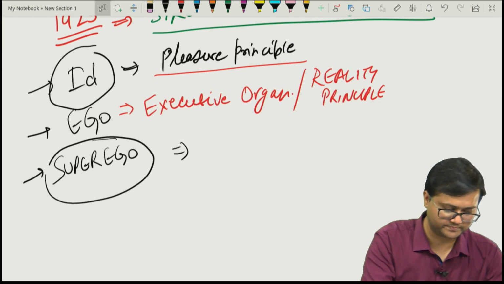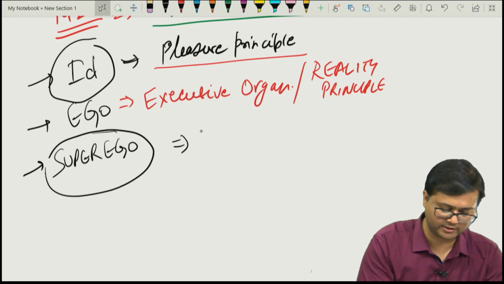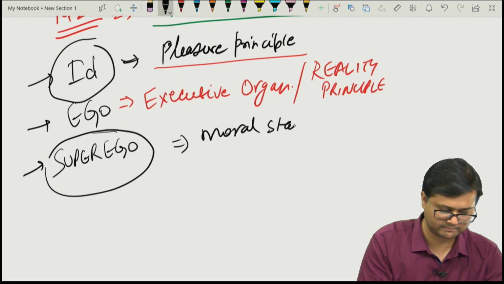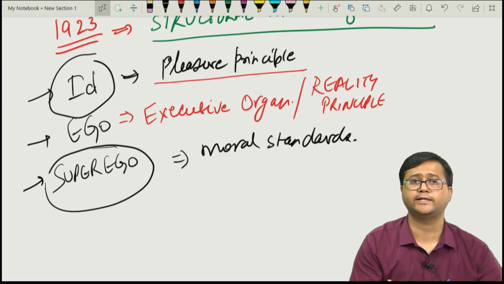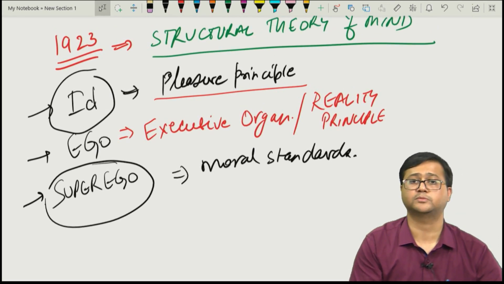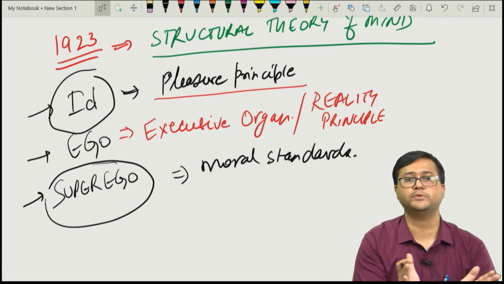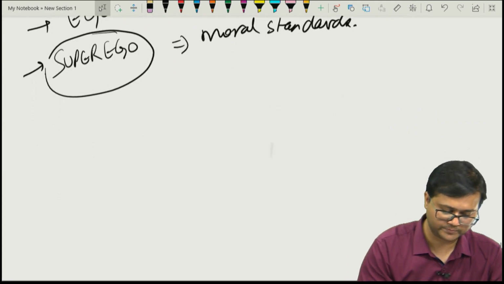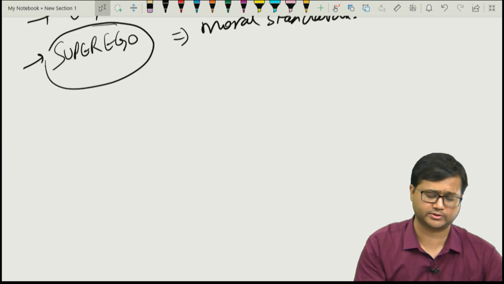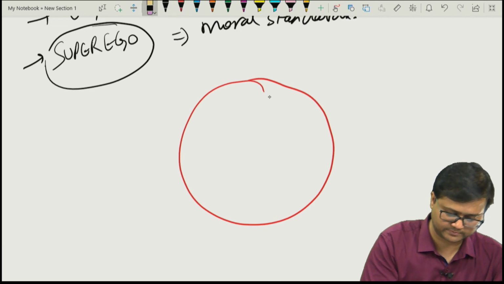Superego is basically the maintenance of our moral standards, how a person should ideally behave in a society. Obviously, id and superego are poles apart, so there will always be a conflict. This conflict of the mind is generally balanced by the ego. Now Sigmund Freud also tried to correlate both the models. Let us see how.